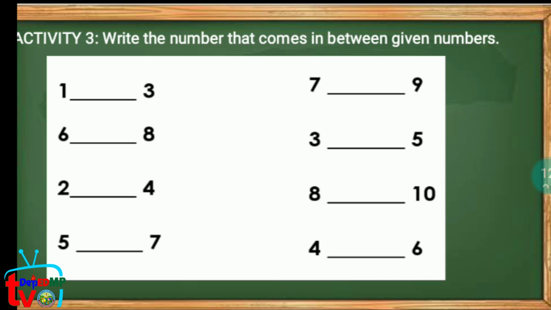Activity 3. Write the number that comes in between given numbers, like 1 and 3, 6 and 8, 2 and 4, 5 and 7, 7 and 9, 3 and 5, 8 and 10, 4 and 6.